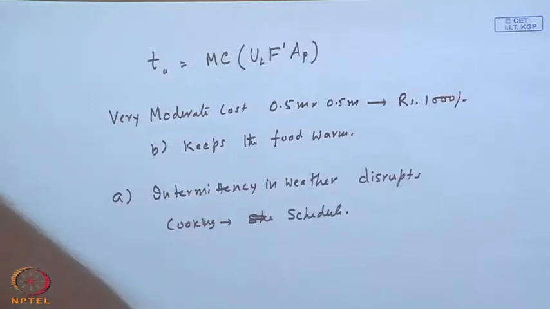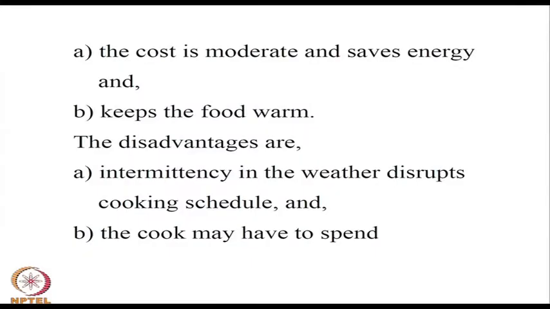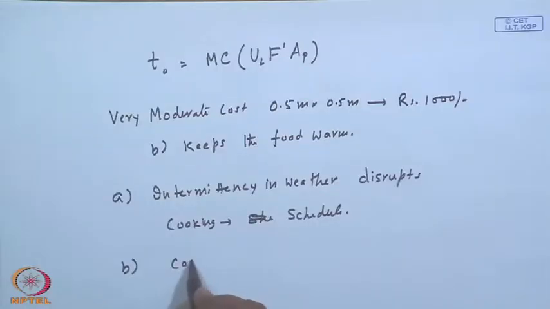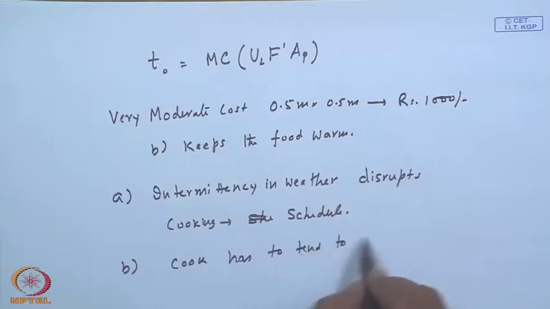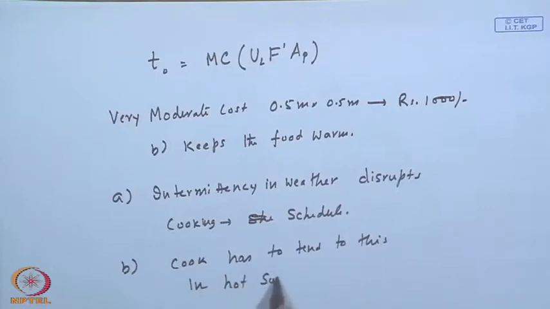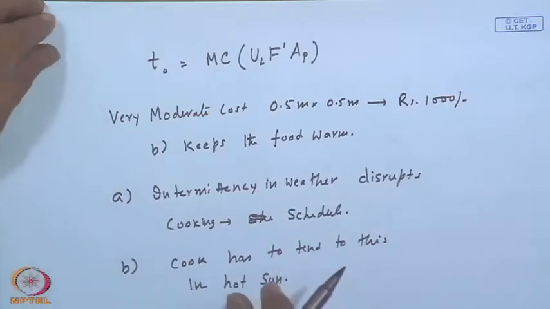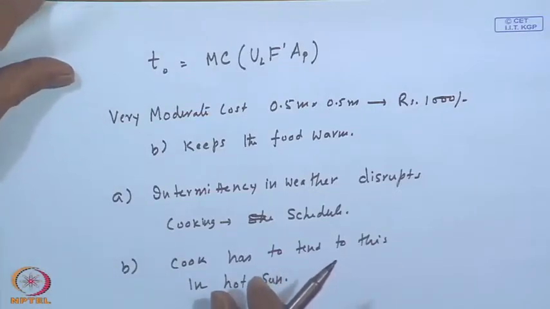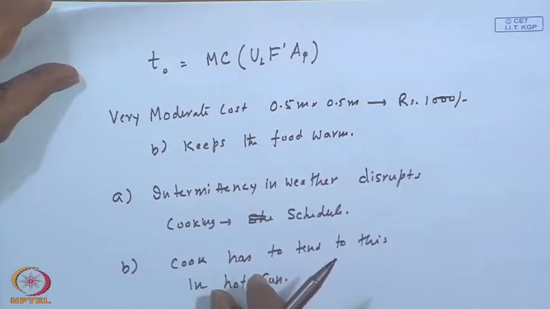So, the cook has to tend to this in the hot sun. When it is working nicely, and if you want to adjust, even if it is once in 5 minutes, you can't take a chance.